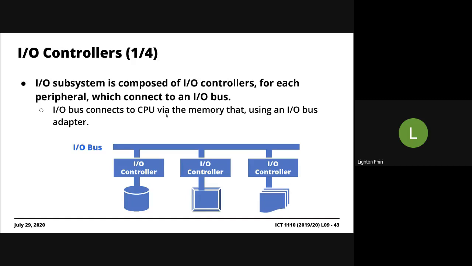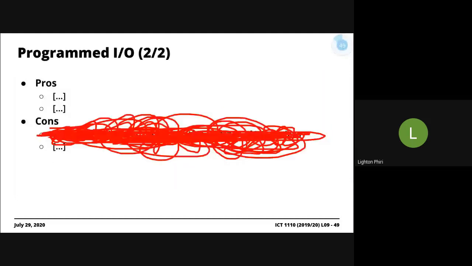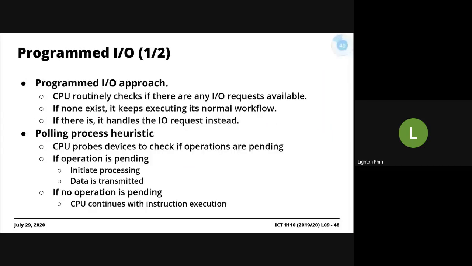But what we're saying is the difference here is in the signaling, right? In programmed I/O, when we say the CPU routinely checks, there's a signal that comes from the CPU. So the CPU has to stop whatever it's doing and check if there's anything that requires attention so far as the peripherals are concerned.